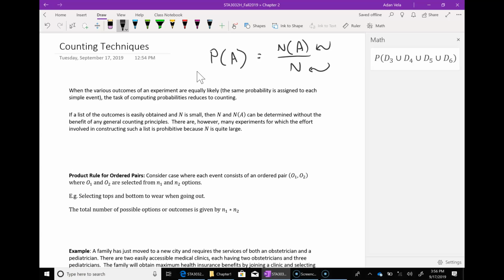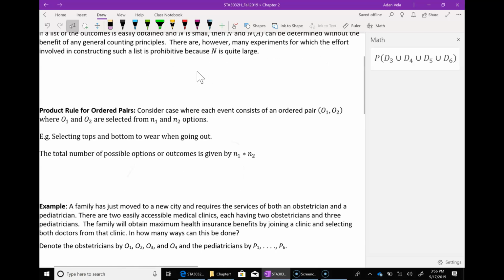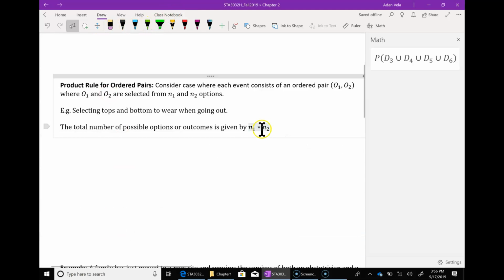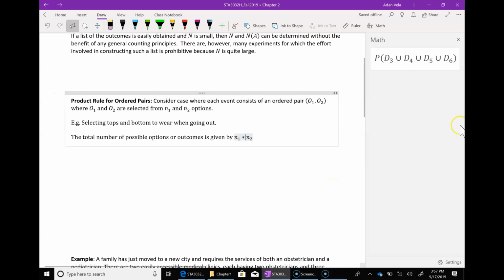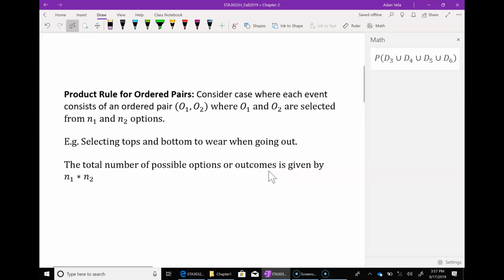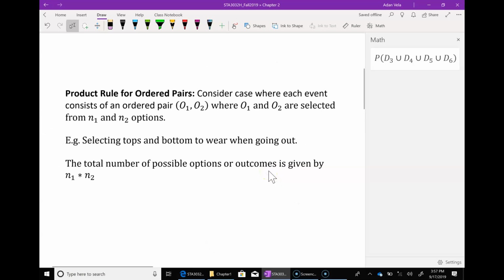The first one that we're going to consider is sort of a simple one. It's the product rule for ordered pairs. The idea is you have some ordered set of events, O1 and O2.